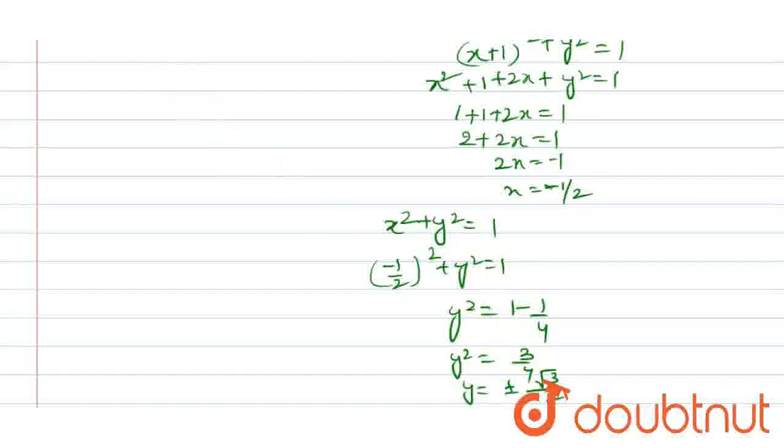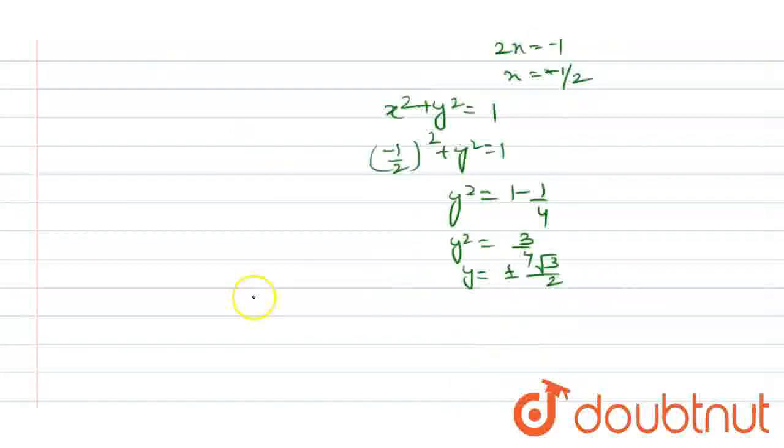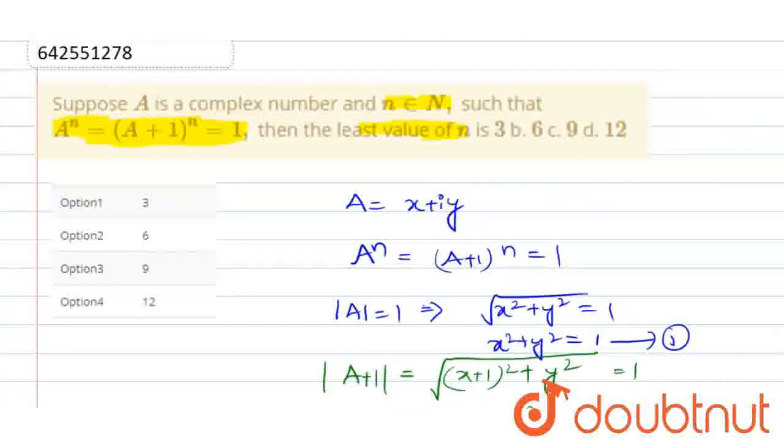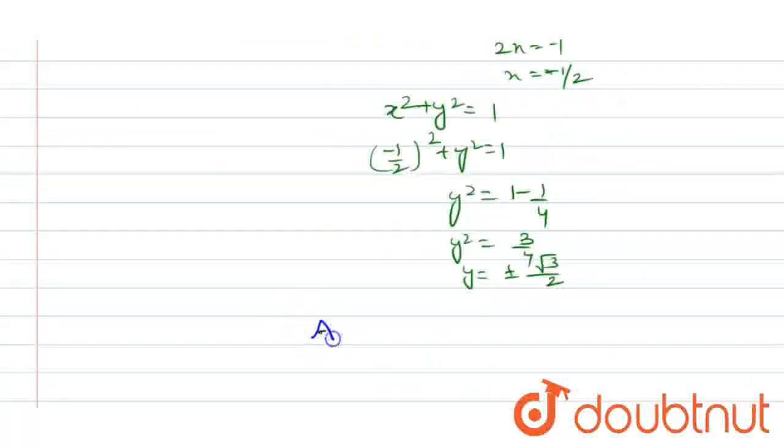In the next step, we had taken a equal to x plus iy. Substituting the values of x and y, we got x as minus 1 by 2 and y as plus or minus root 3 by 2, so we get two roots: minus 1 by 2 plus i root 3 by 2, and minus 1 by 2 minus i root 3 by 2.